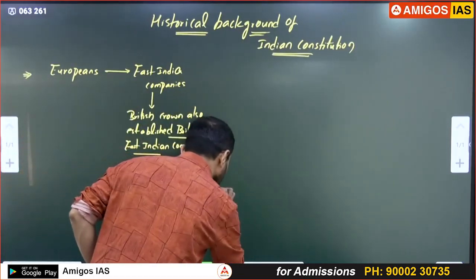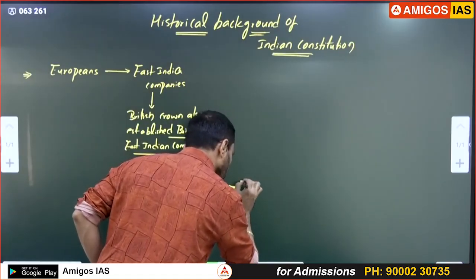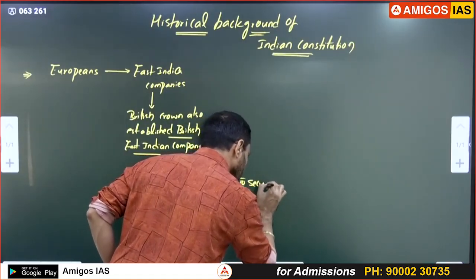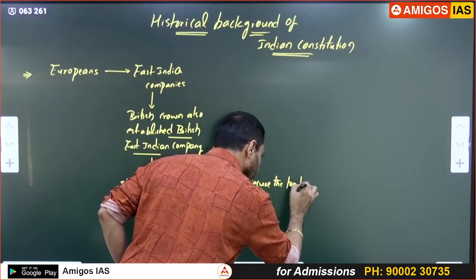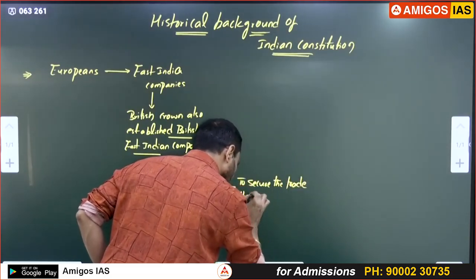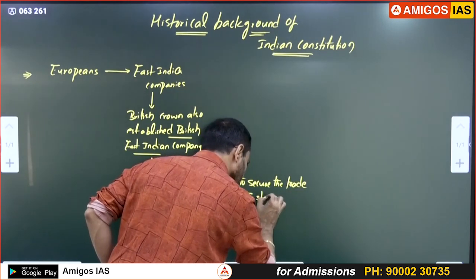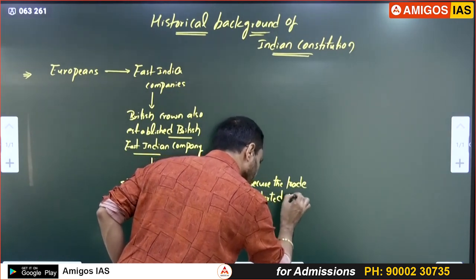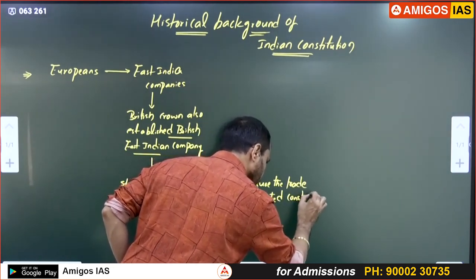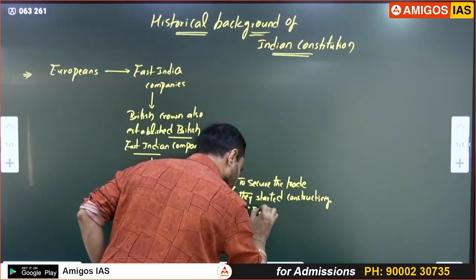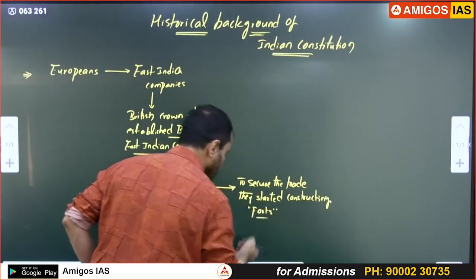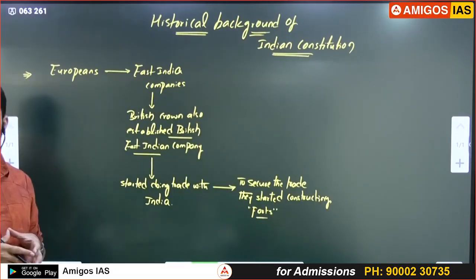Later, to secure the trade, they started constructing forts, like Fort St. George, Fort William.